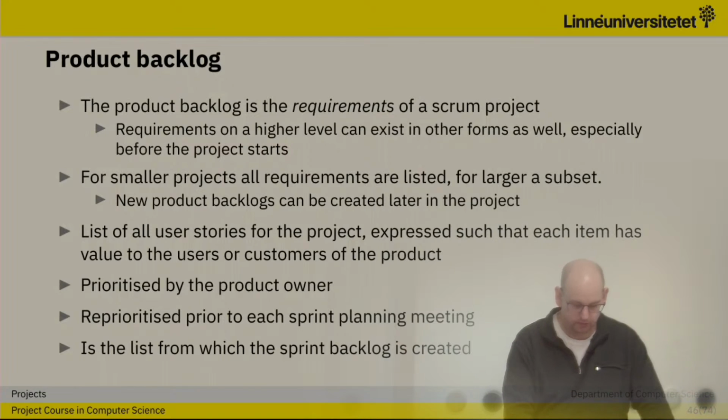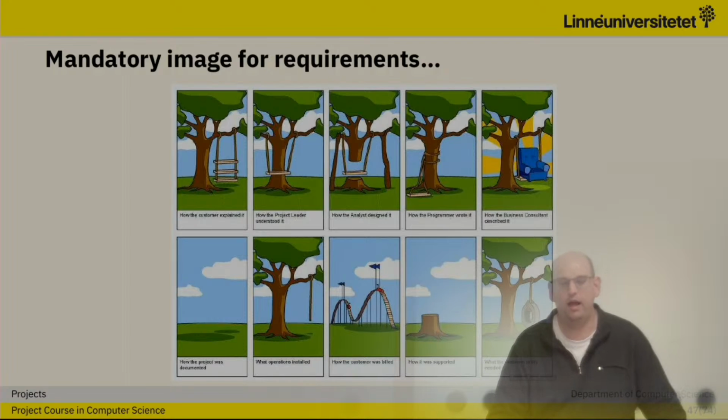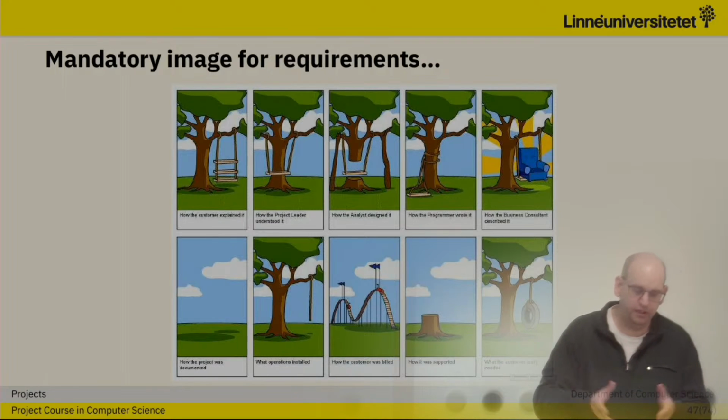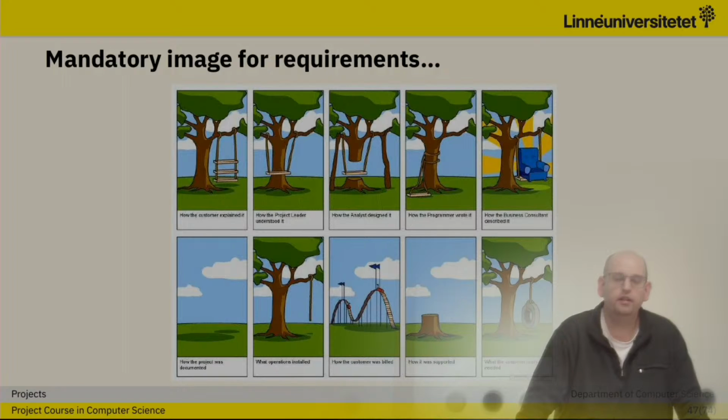And that idea is simple, but we have this mandatory image for requirements, which you probably have all seen already. But the biggest problem with requirements is not how to put them somewhere and work with them, but rather how to get them right. So in this case, we see first how the customer explained something, and at the lower end what the customer really needed, and that's the idea of Scrum.